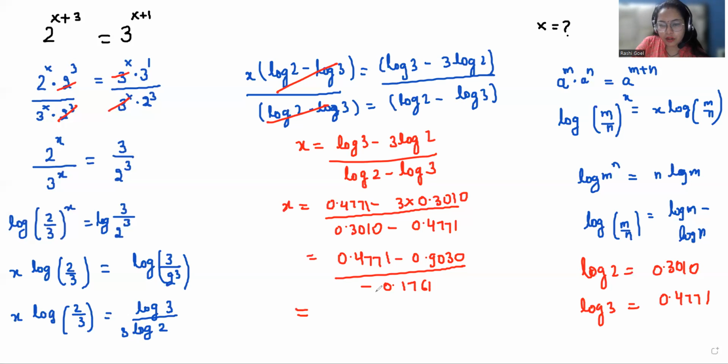So when we subtract this, we get minus 0.4259 divided by minus 0.1761. So we cancel out and what is left? 2.42. So the value of x is 2.42.